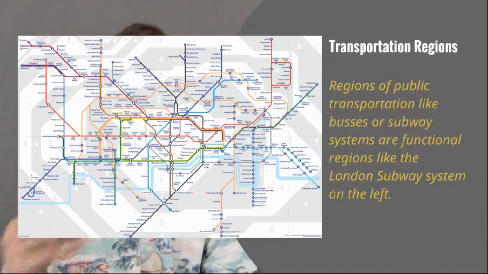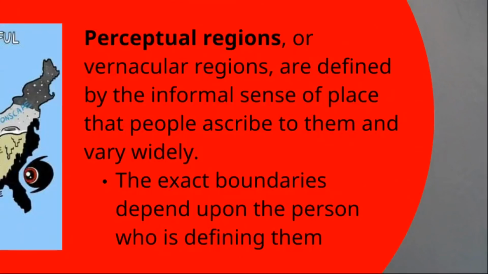And our last type of region that we're going to look at this year is a perceptual region. So perceptual regions, also known as vernacular regions, are defined by the informal sense you have of a place. And they're wildly different depending on where you are. So it's the way that you think about or the way you perceive a place.